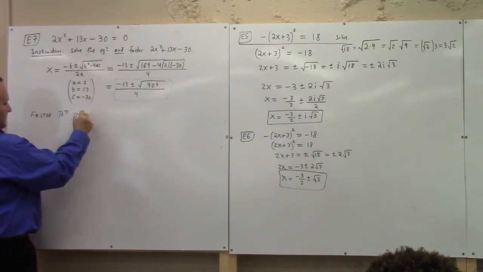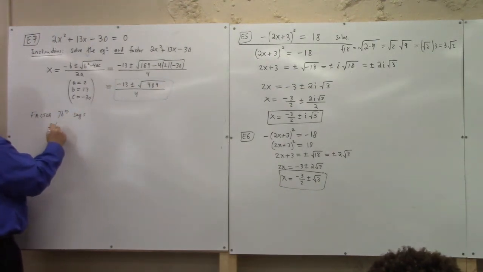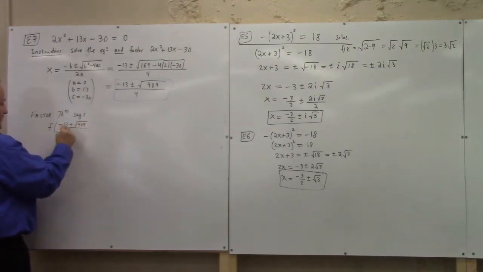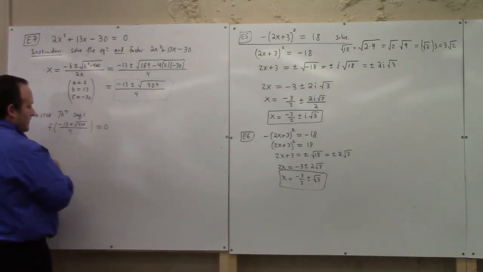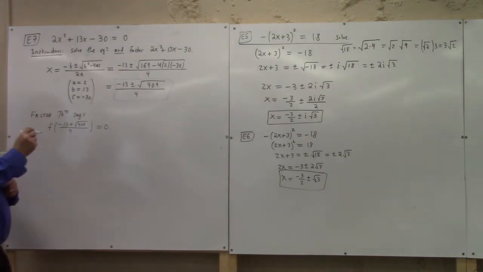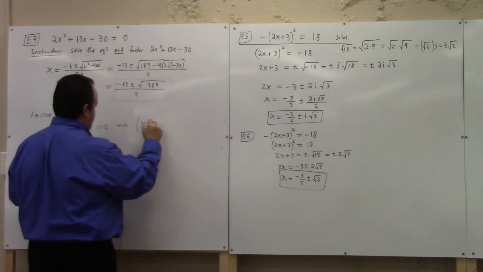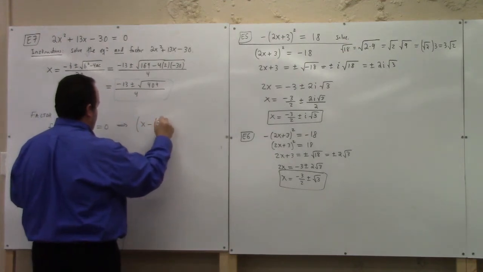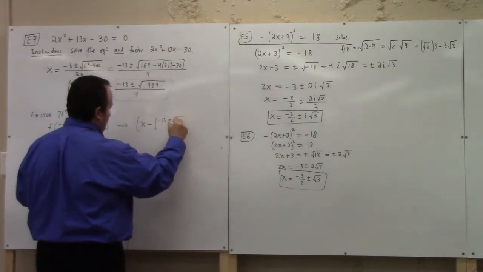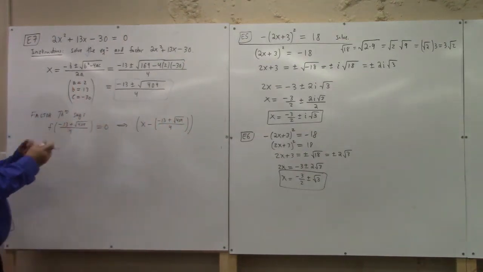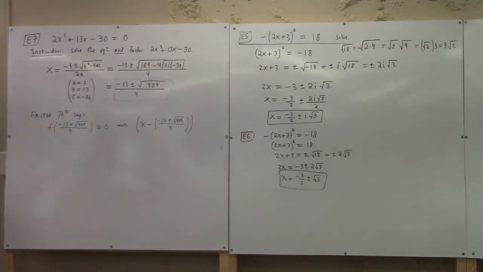It says, since f of minus 13 plus the square root of 409 divided by 4 is equal to 0, that says that x minus (minus 13 plus square root of 409 divided by 4) is a factor of f of x.